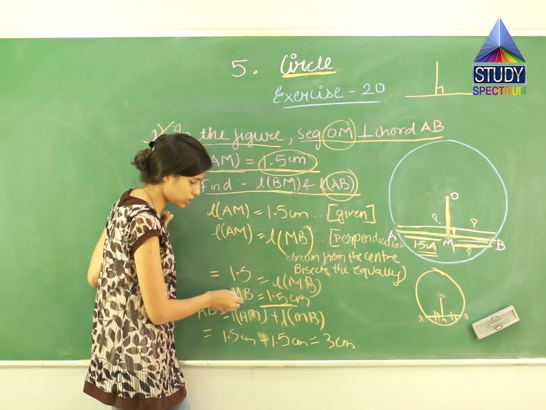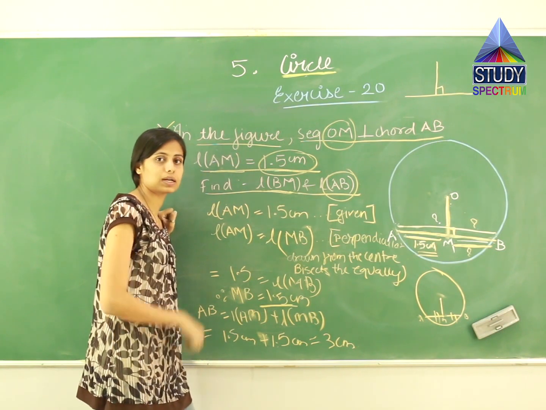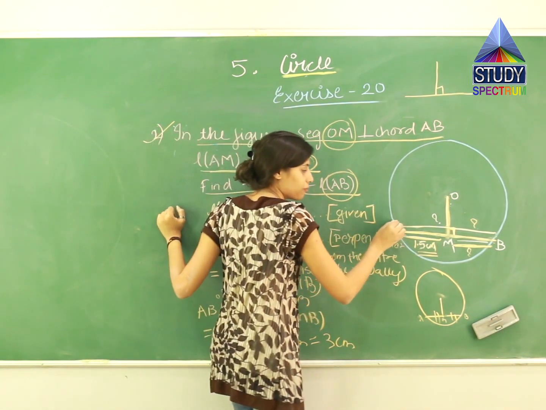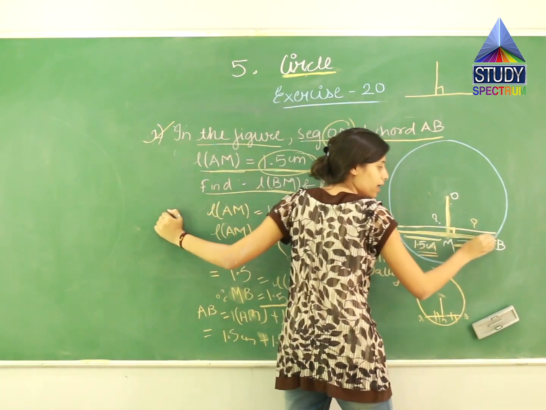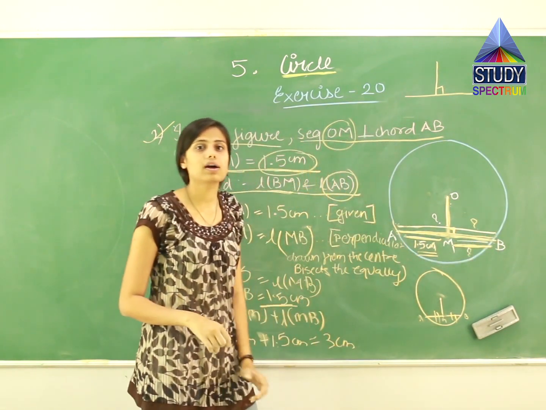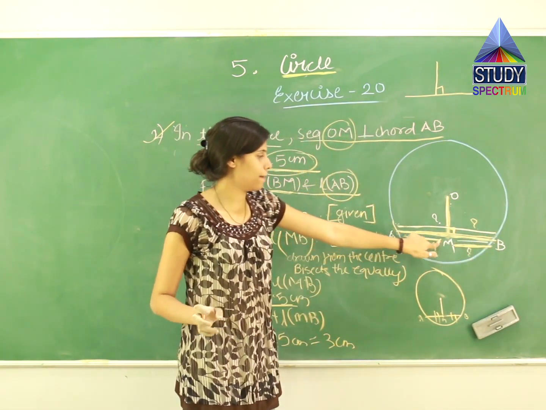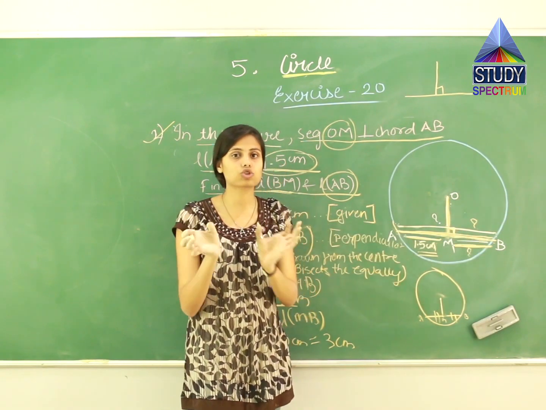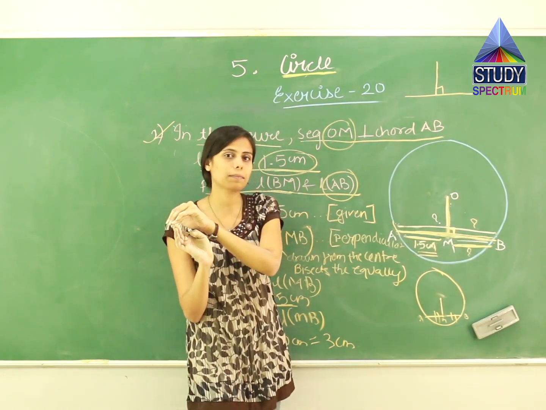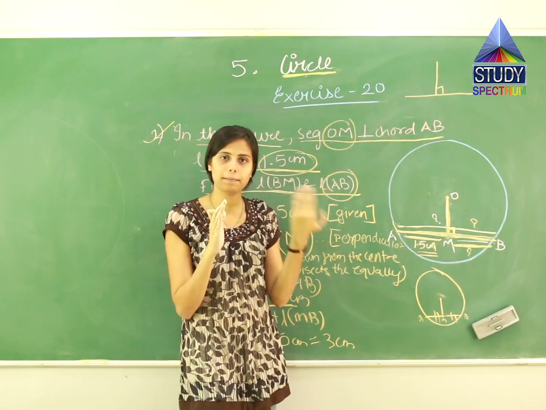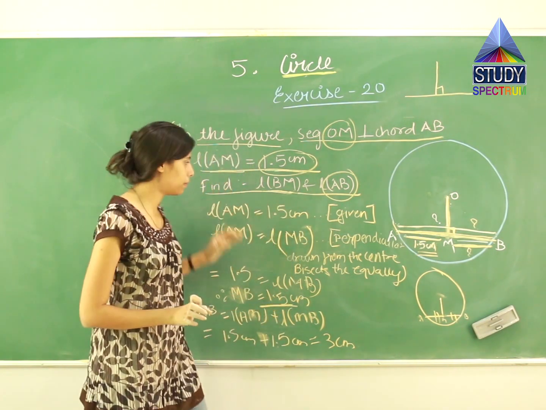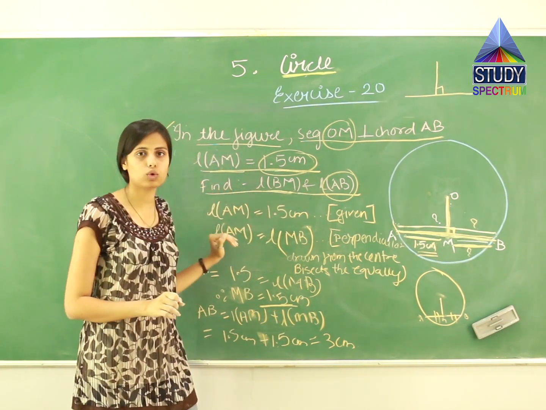Next, what they were asking was to find the length of the whole chord AB. So what we did, we added AM plus MB because it consists of two parts, AM and MB. So we have added both parts because both the lengths are available to us.